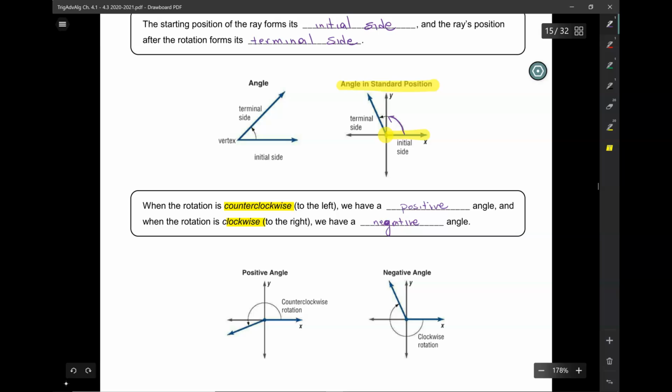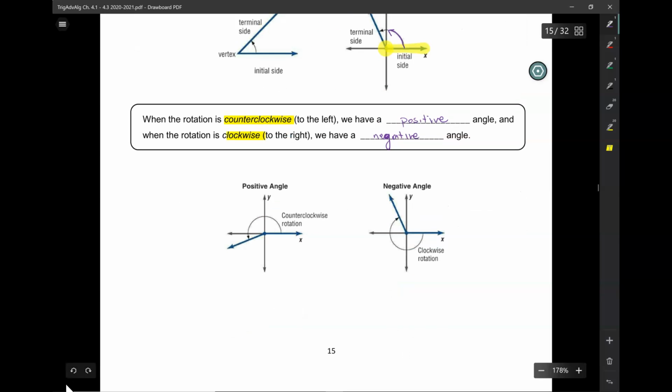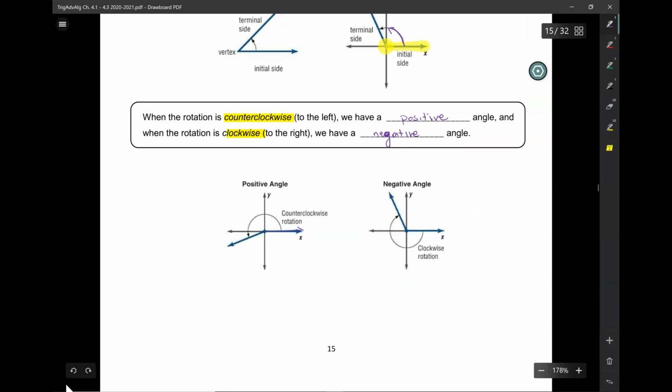Here are some examples right here. In the first case, my angle is in the counterclockwise direction, so that's a positive angle. Here I have a clockwise rotation, that's a negative angle.